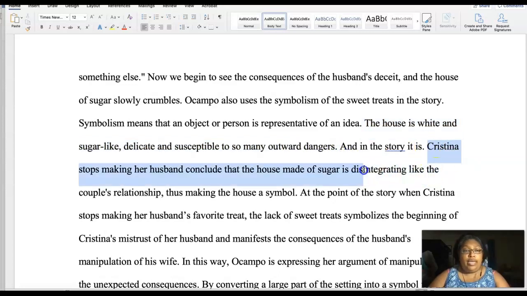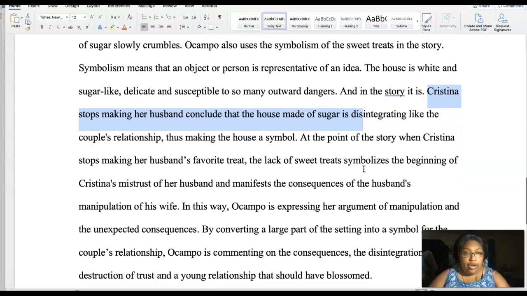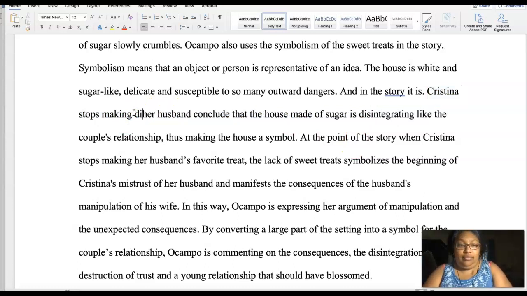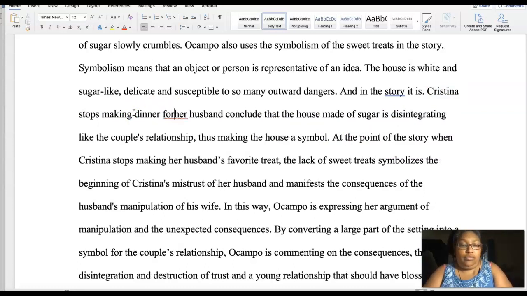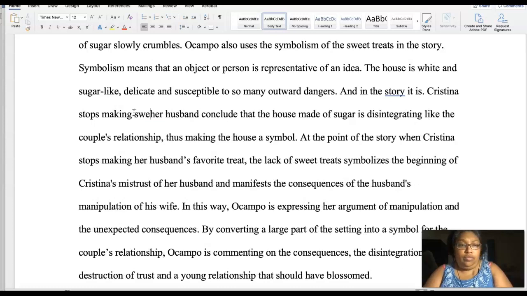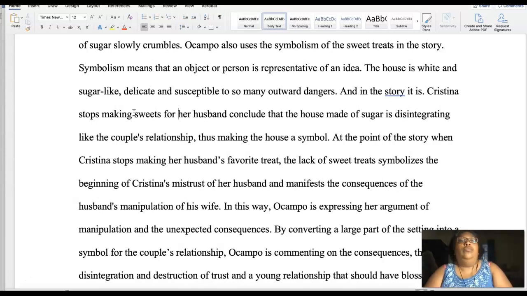Christina stops making sweets for her husband, and concludes that the house of sugar is disintegrating like the couple's relationship, thus making the house a symbol. So she literally is talking about symbolism here and tying this back.